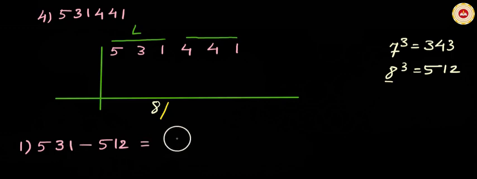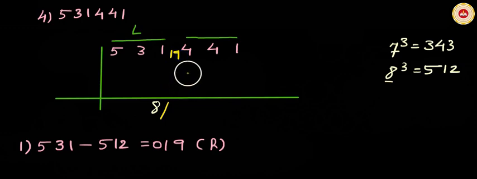See, 11 minus 2, 9. 3 minus 2 is 1 and 5 minus 5 is 0. So this 19 is remainder. Let us write this remainder 19 as a prefix to next digit, which is 4 here. Now read this as 194.